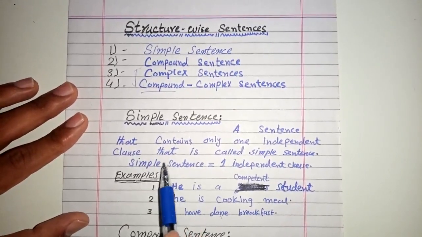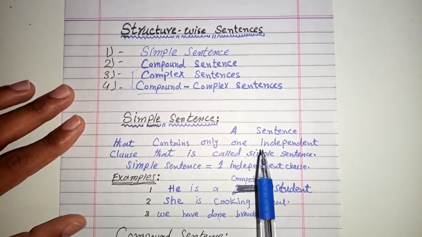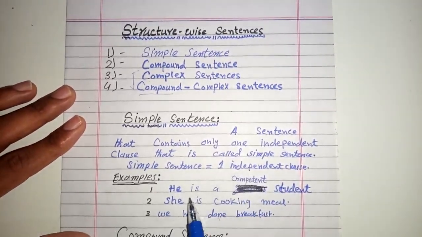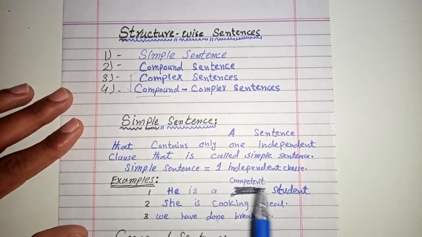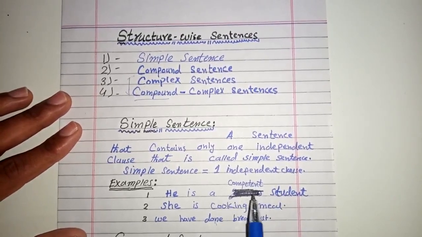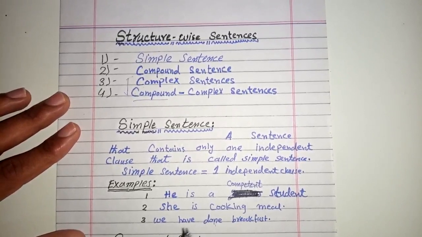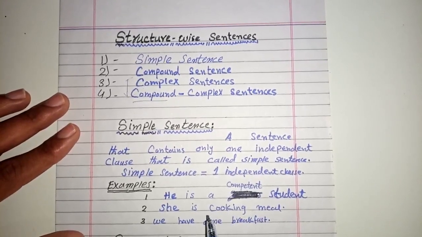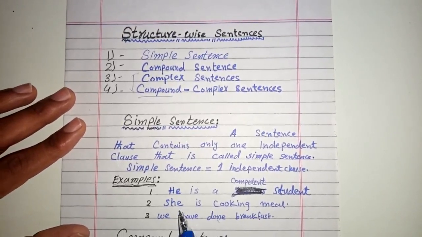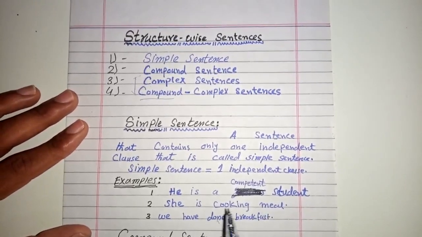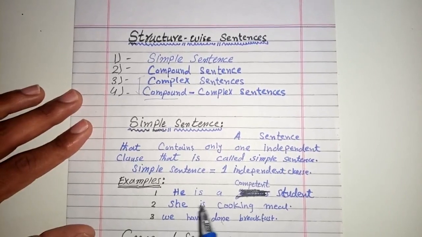So guys, a simple sentence means only one independent clause. Okay, so now I have put some examples here. He is a competent student, he is a genius student, he is a committed fellow. So all these sentences are considered simple sentences. Next: she is cooking a meal, she is making tea, she is going outside.